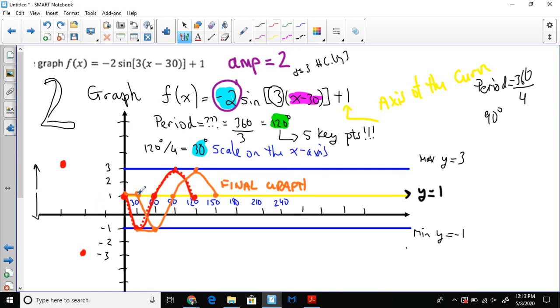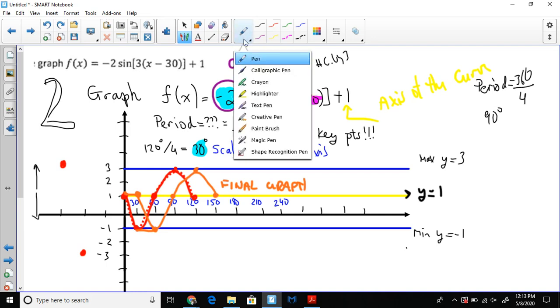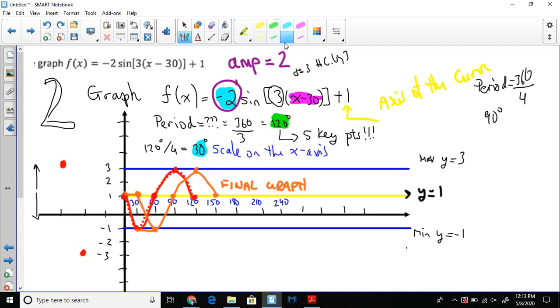So again, we can obviously check all this stuff out. I know my amplitude is 2, so the distance from the axis of the curve to the max should be 2. From 1 to 3 is 2. From 1 to -1 is 2, right?